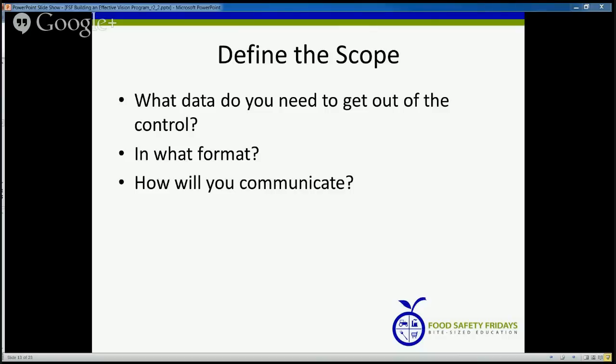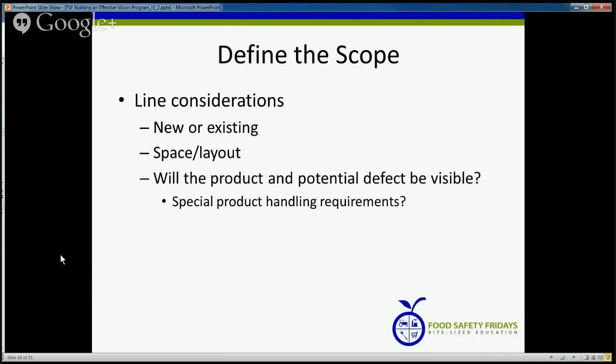Also, as part of the scope, what kind of data do you want to get out of your control? What's pertinent to your manufacturing process that you would like to see from the control that you're putting in place? In what format would you like to see that data, and how would you like it to be communicated as well? So all part of the definition of the scope. And then finally, line considerations.